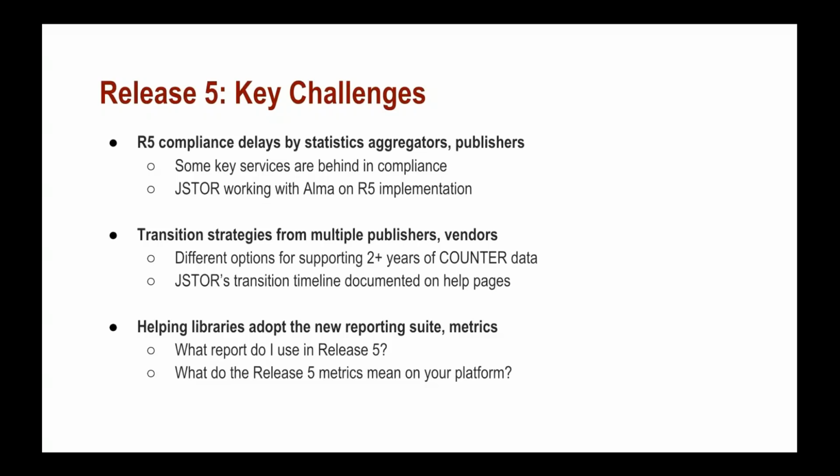Related to that are the different strategies that publishers and vendors are taking in terms of options for supporting historical data and continuing to provide Counter 4 reports. We're providing Counter 4 on JSTOR as long as we can.